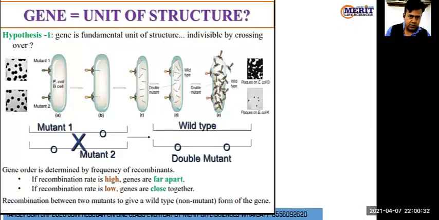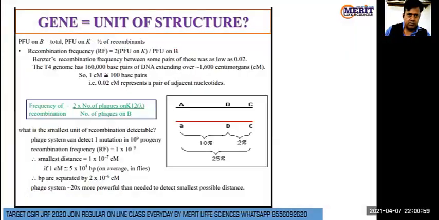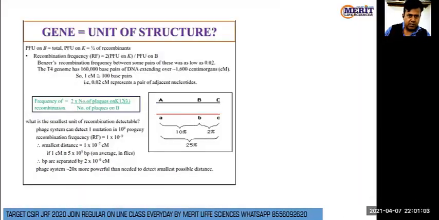So what we can conclude is that gene order can be determined in this cross: if the recombination rate is high, the genes are far apart. If the recombination rate is low, genes are very close together. So recombination between two mutants gives a wild type form of the gene, right? So finally we have explained and discussed this.